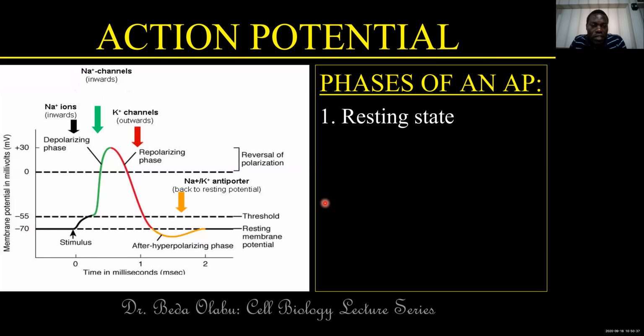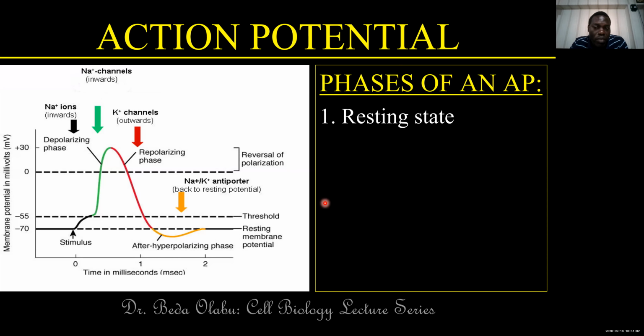We have given the ionic explanation that is behind the resting membrane potential. We have said that the resting membrane potential is caused by 4 factors. Potassium efflux several times faster than sodium influx through their leaky channels.